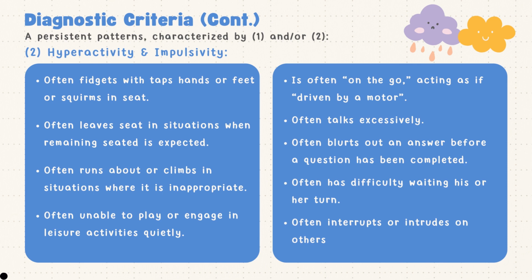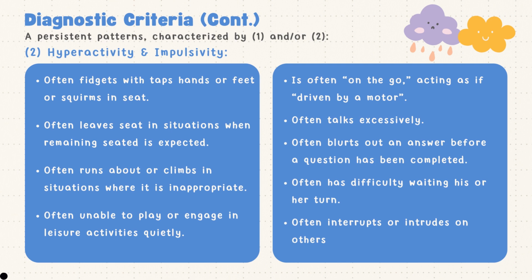The second component is hyperactivity and impulsivity, where they often fidget with tapped hands or feet or squirm in their seat. Next, they often leave their seat in situations when remaining seated is expected, often run about or climb in situations where it is inappropriate, are often unable to play or engage in leisure activities quietly, are often on the go, acting as if driven by a motor, often talk excessively, often blurt out answers before a question has been completed, often have difficulty waiting their turn, and lastly, often interrupt or intrude on others.